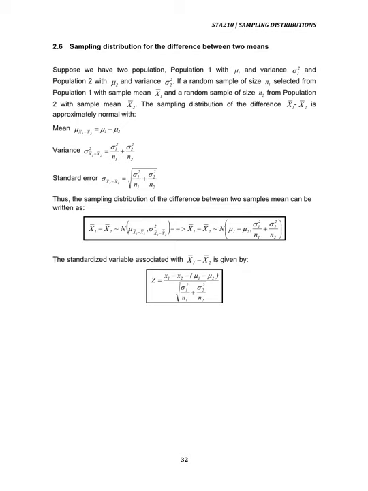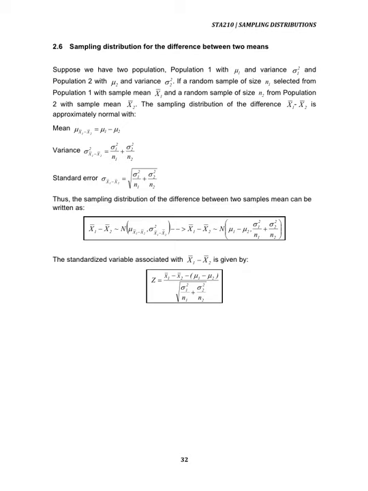So the sampling distribution of the difference between sample mean 1 and sample mean 2 is approximately normal. Mean dia akan jadi mu1 minus mu2, variance dia akan jadi sigma 1 square over n1 plus sigma 2 square over n2, and then the standard error or standard deviation dia adalah square root of the variance.